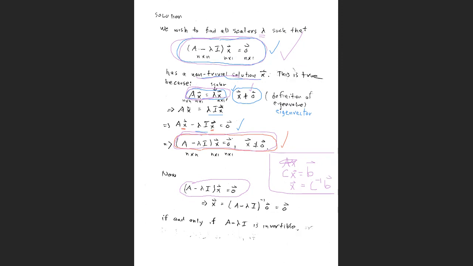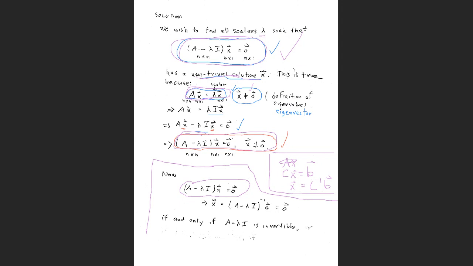So if we look at this matrix equation, A minus lambda I times x equals 0, and let's forget for a moment that x is an eigenvector.